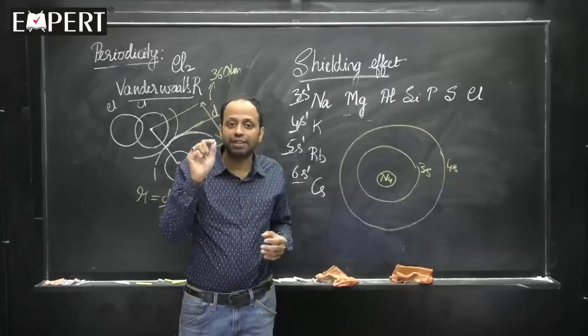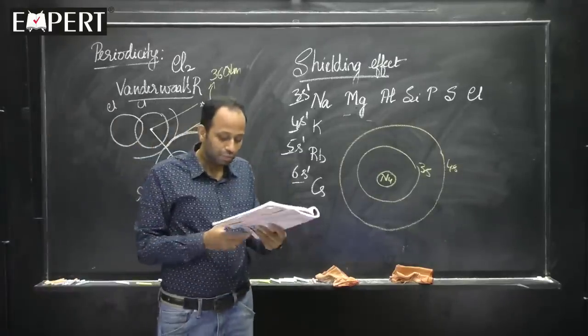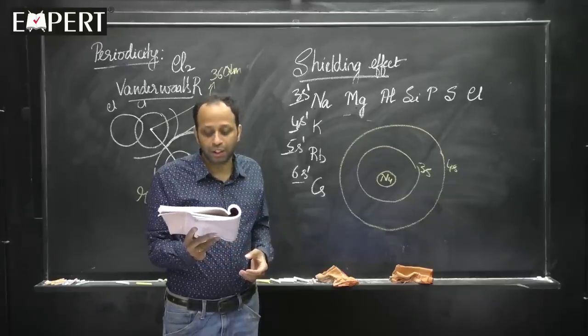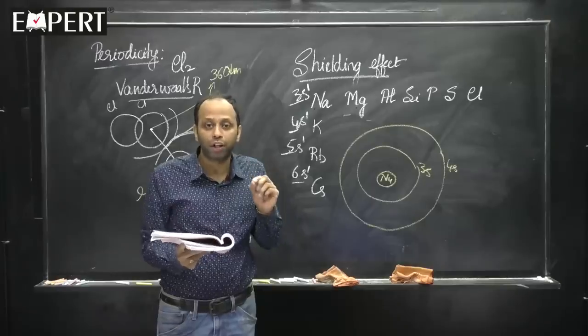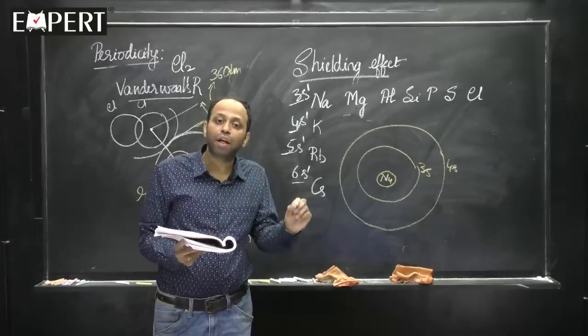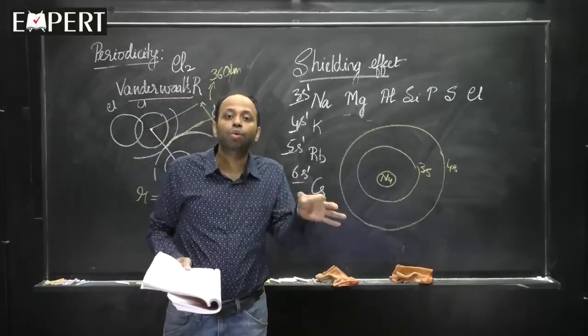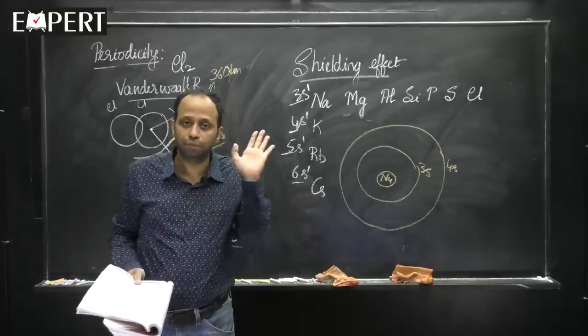This is given as a give reason in page number 95. They have given variation of atomic radius across a period and variation of atomic radii down the group. Mark it as important. This can be asked as a 1 mark question or a 2 mark question. How does a 1 mark question come? They can ask you, how does atomic radii vary across the period?